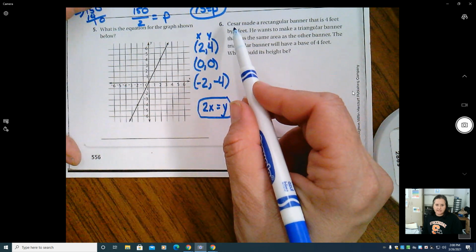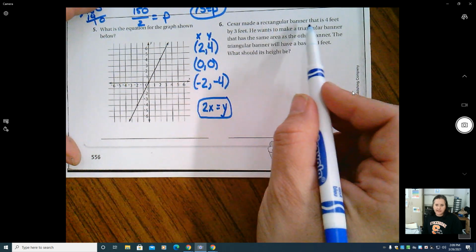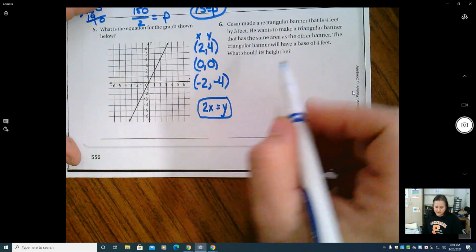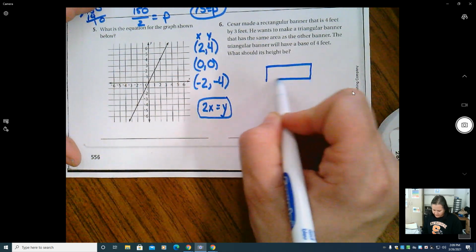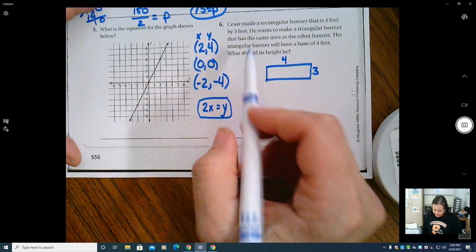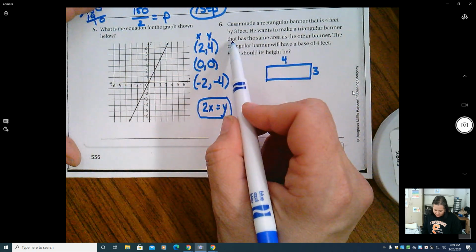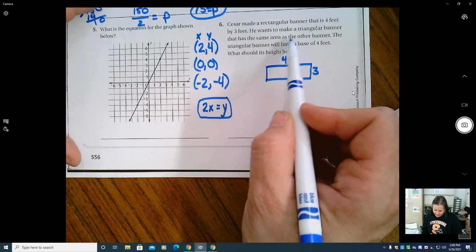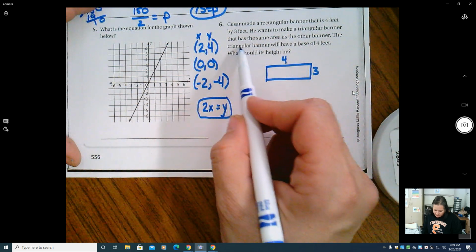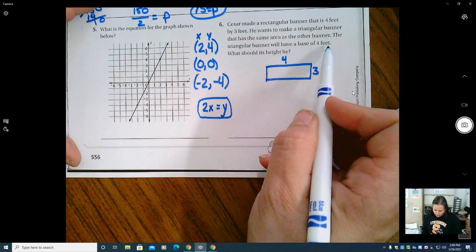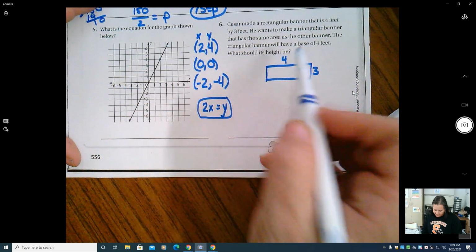All right, number 6. Caesar made a rectangular banner that is 4 feet by 3 feet. Let's draw it, 4 by 3 feet. He wants to make a triangular banner that has the same area as the other banner. The triangular banner will have a base of 4 feet. What should its height be?